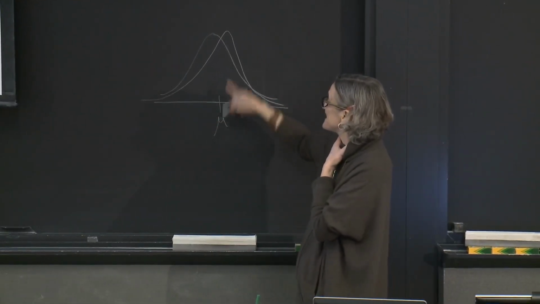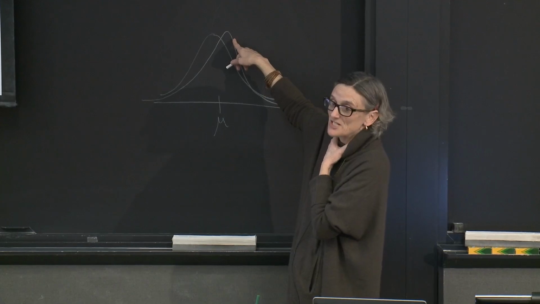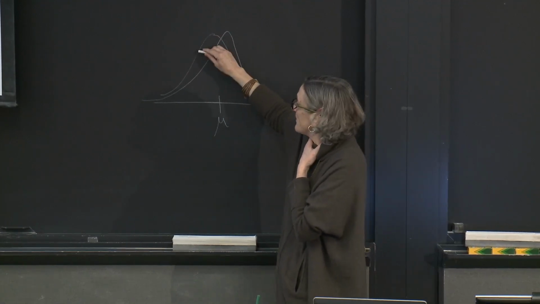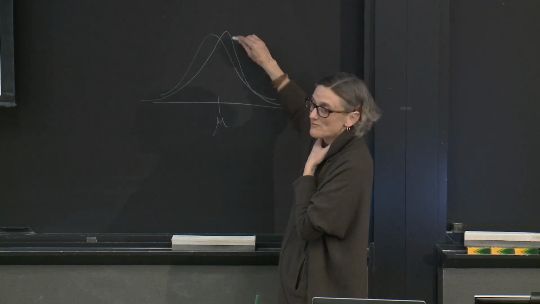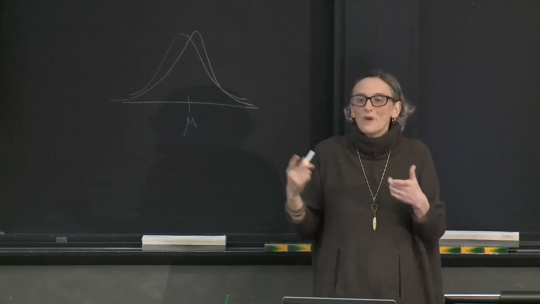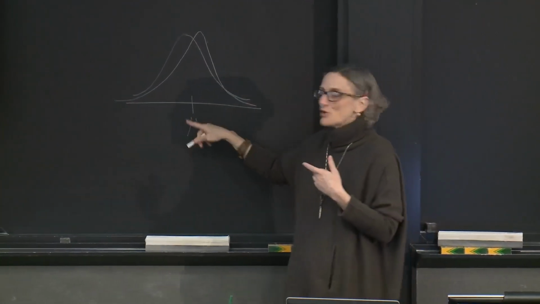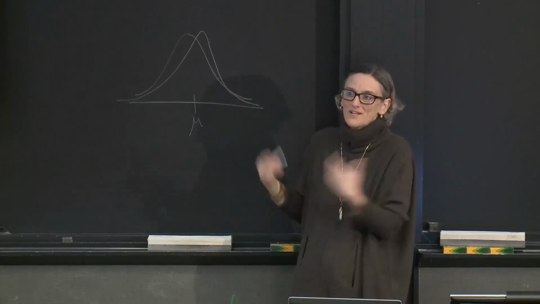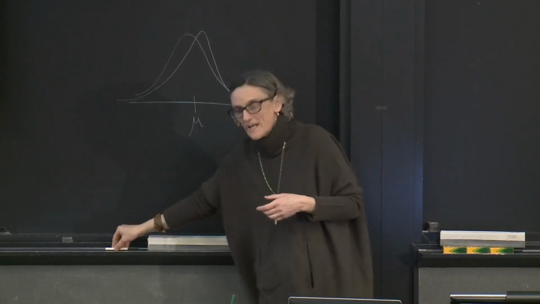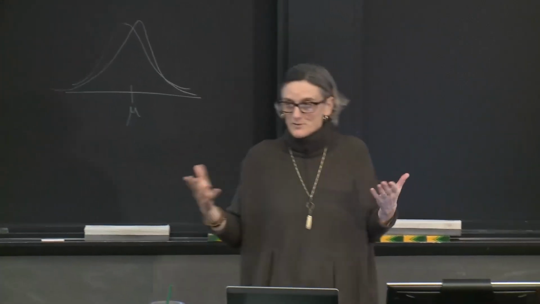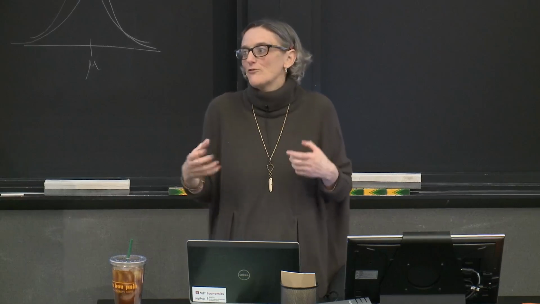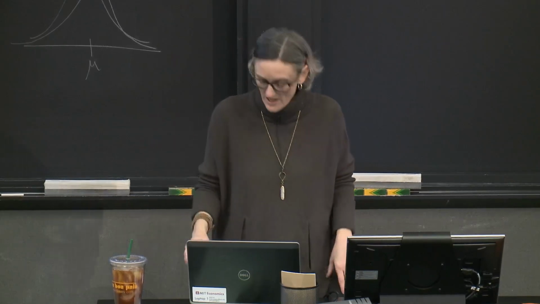So mu is still the mean of this distribution, but we've assumed that we're drawing from this distribution when in fact we're drawing from that one. A robust estimator will still do a good job of estimating mu even if our assumptions about the underlying distribution are wrong. And so sometimes we choose estimators that are robust to different assumptions if we don't have a lot of confidence about our underlying assumptions.